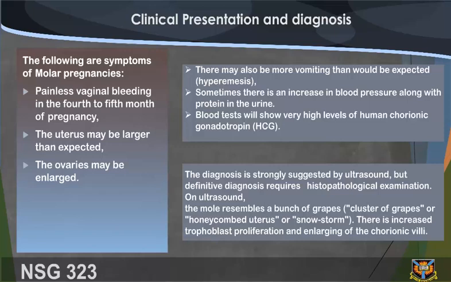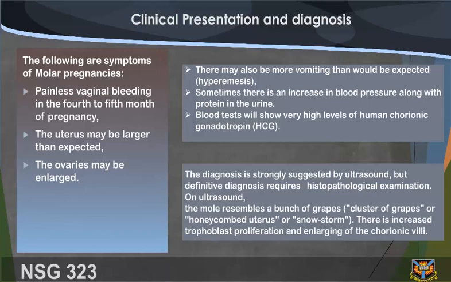The diagnosis is strongly suggested by ultrasound, but definitive diagnosis requires histopathological examination. On ultrasound, the mole resembles a bunch of grapes, a cluster of grapes, a honeycombed uterus, or a snowstorm.